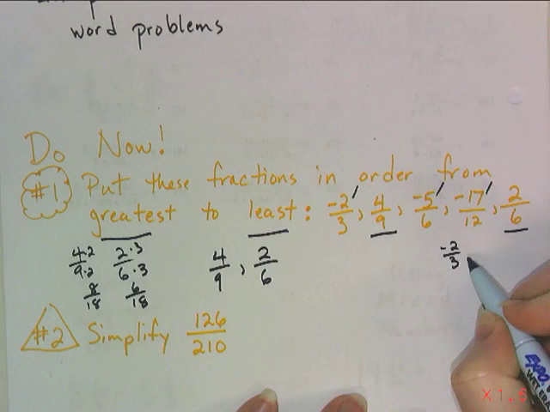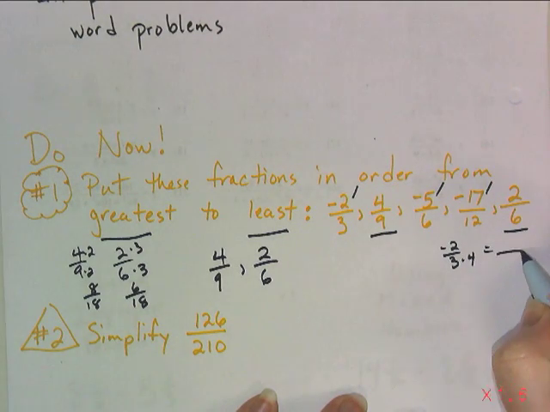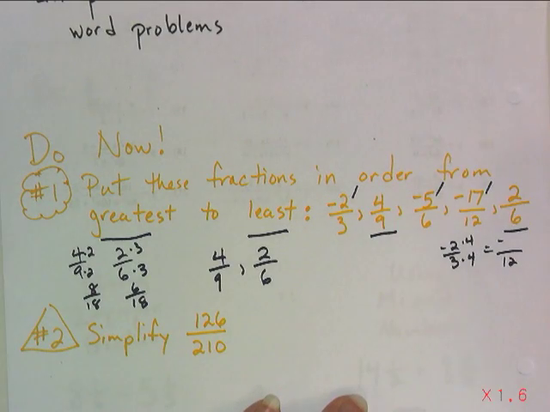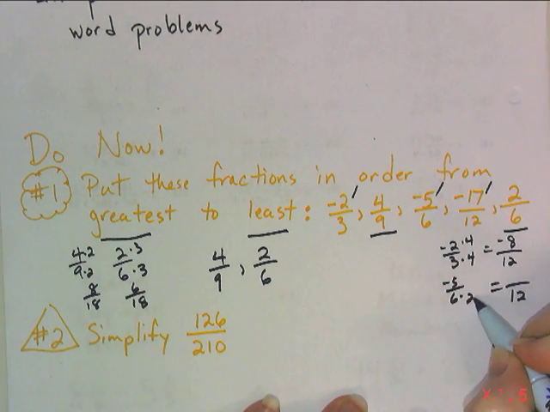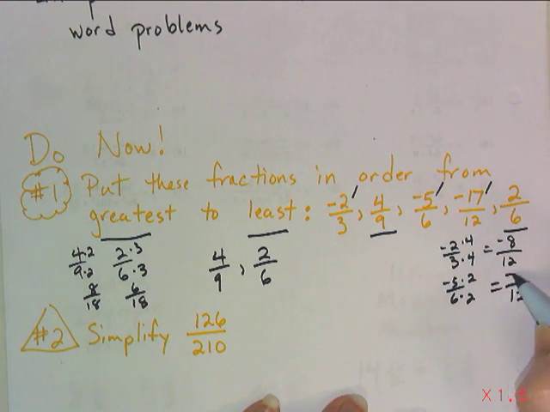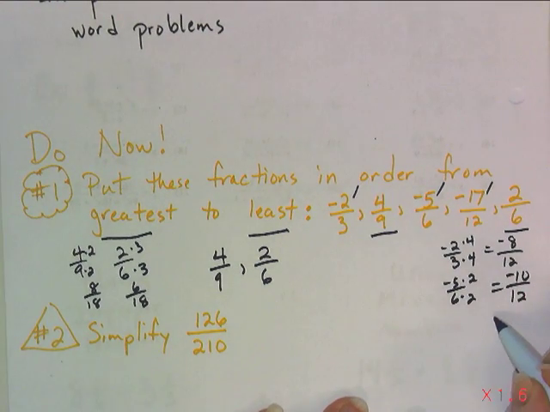Negative 2/3 means I would have to multiply the denominator times 4 to get 12, so the numerator times 4 gives me negative 8. Negative 5/6 to convert to twelfths means I have to multiply times 2, so in my numerator I get negative 10, and I can leave negative 17/12 as it is.